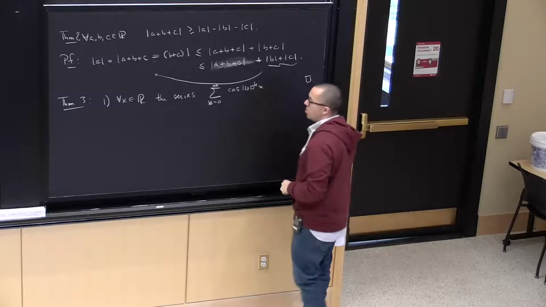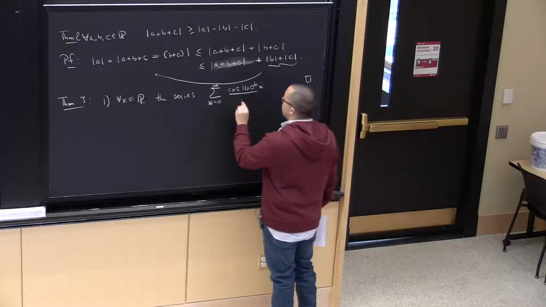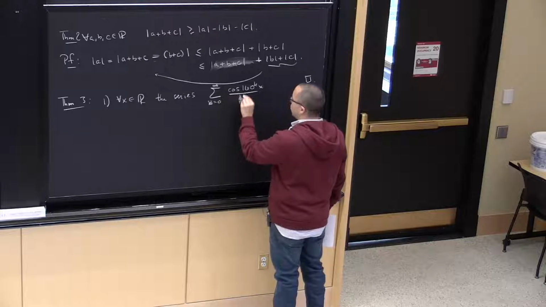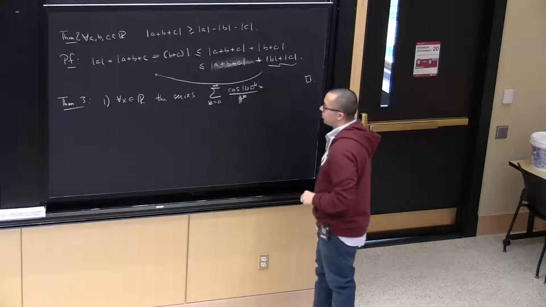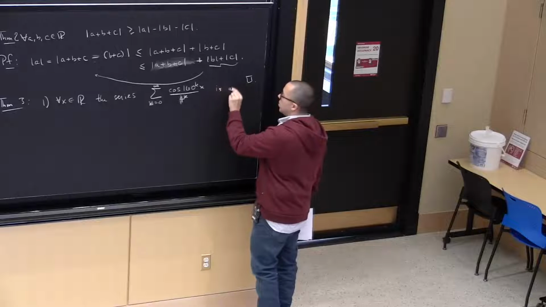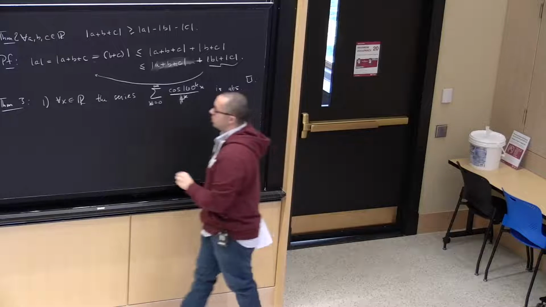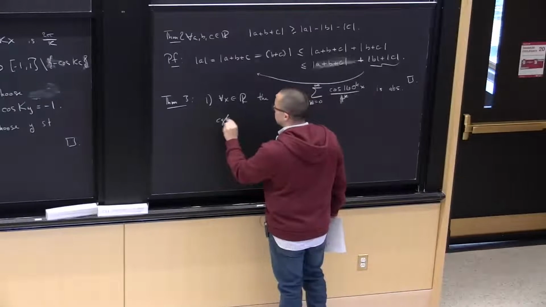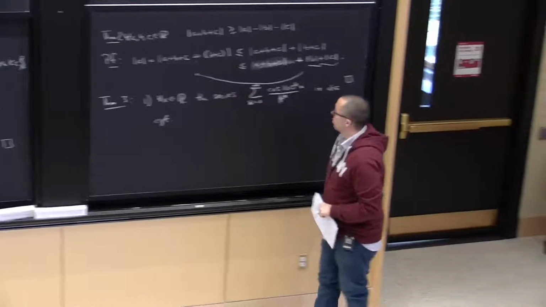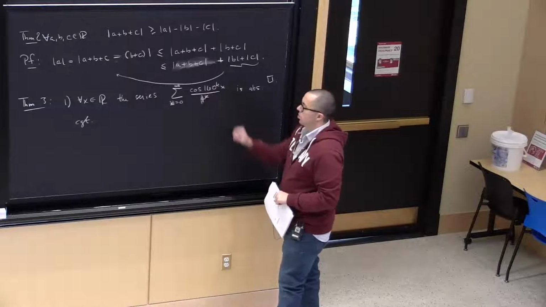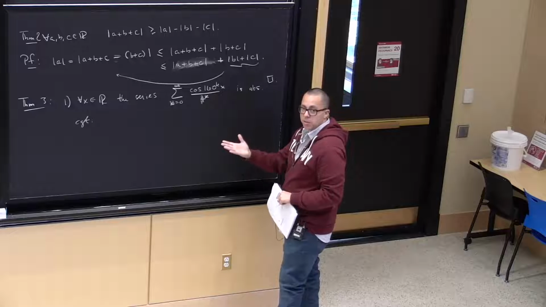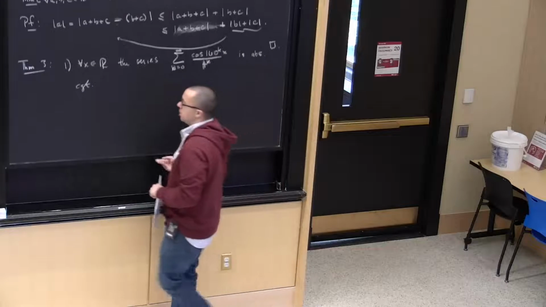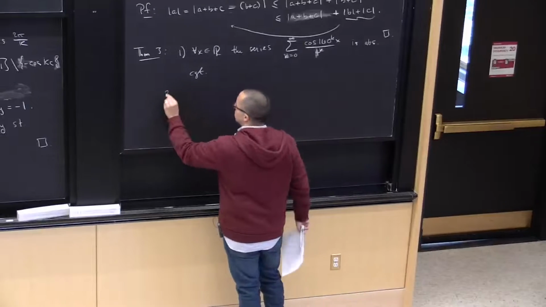So here's our very oscillatory guy, over 4 to the k, is absolutely convergent. All right, so for each x, this series converges absolutely, so it spits out a real number. So I can define a function in terms of this series.